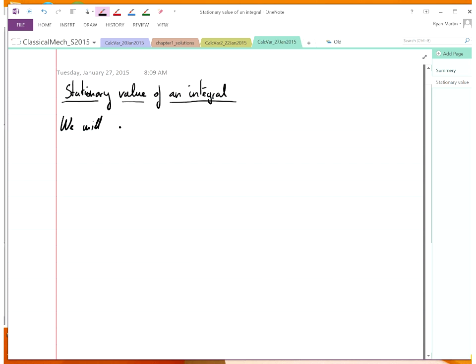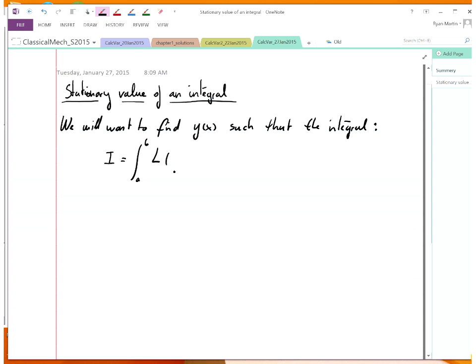So we will want to find a function y of x such that the integral, let's call it I, is going to be a definite integral from a point A to a point B of some function which we'll call L. And this function L will depend on y, y prime, and x. And it's an integral over dx.